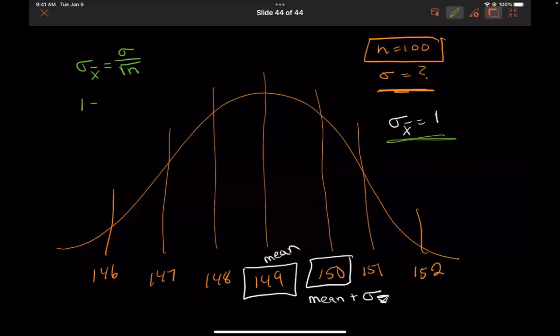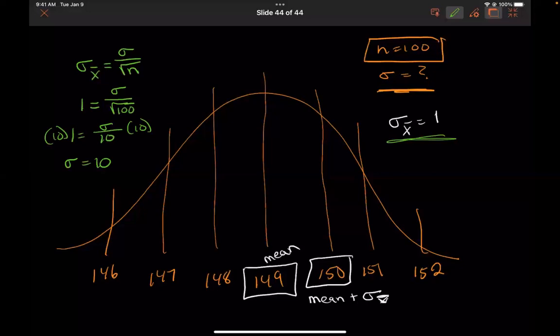I don't have sigma, but I have that my sample size is 100. Now you can just use your algebra skills and solve for sigma. I'll just math it out for you. There we go.